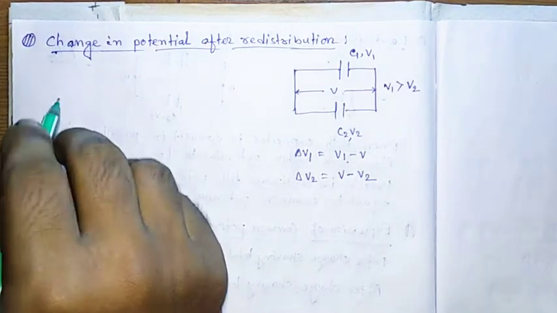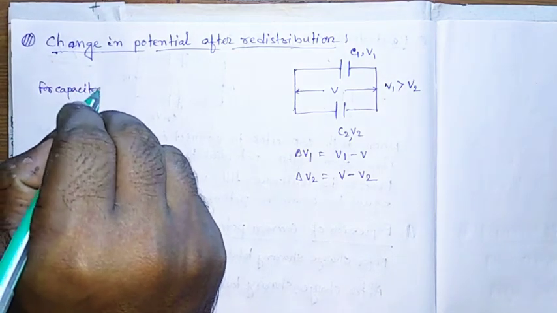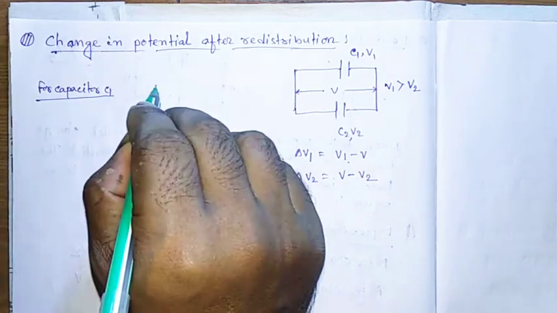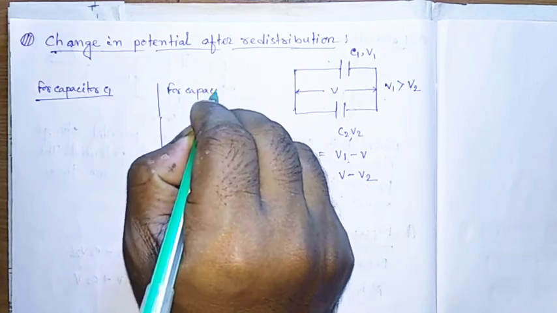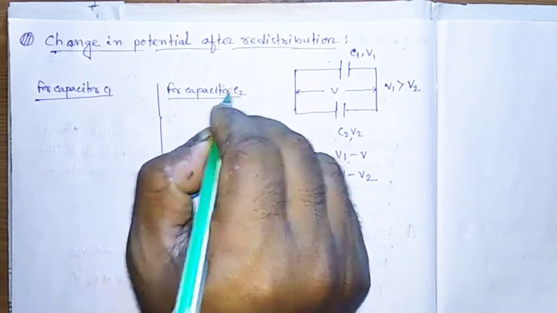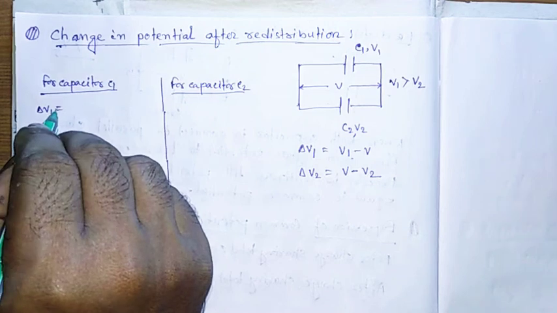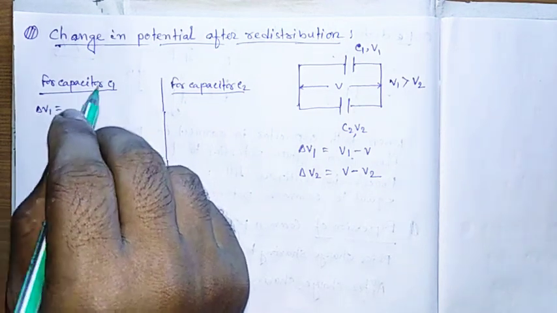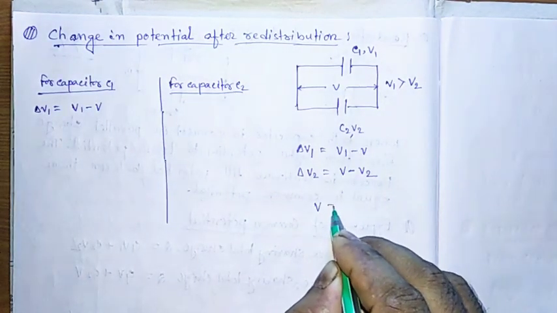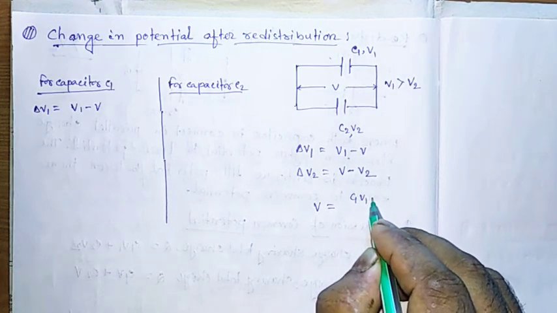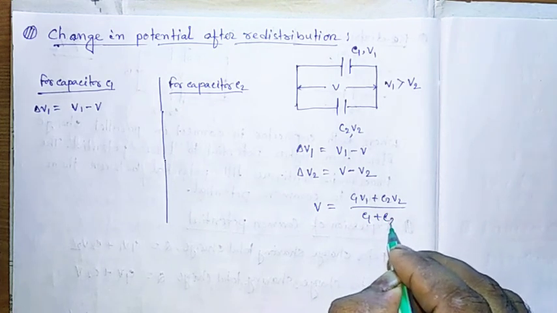Okay. Now we make two cases, one for capacitor C1 and one for capacitor C2. For capacitor C1, delta V1 is equal to V1 minus V, and we know that the common potential V is equal to C1 V1 plus C2 V2 by C1 plus C2.